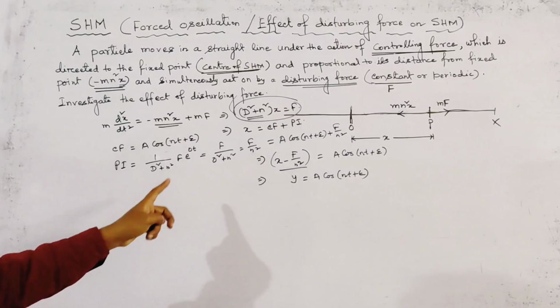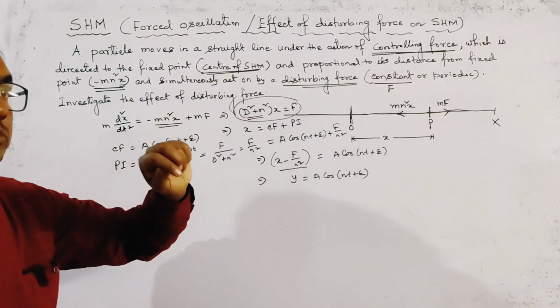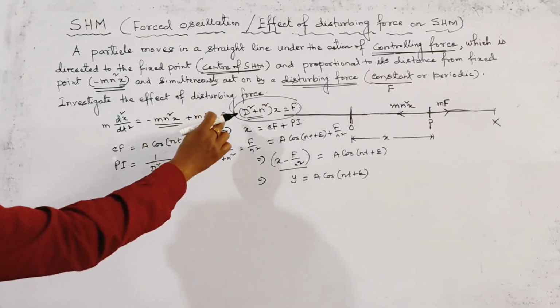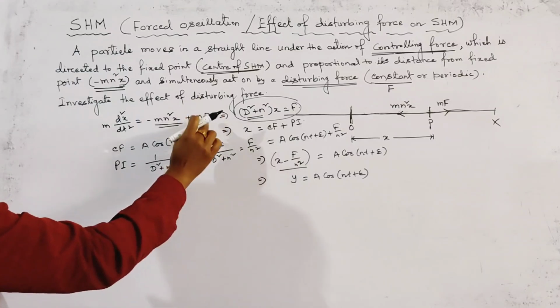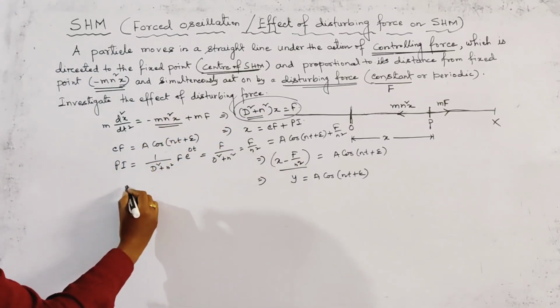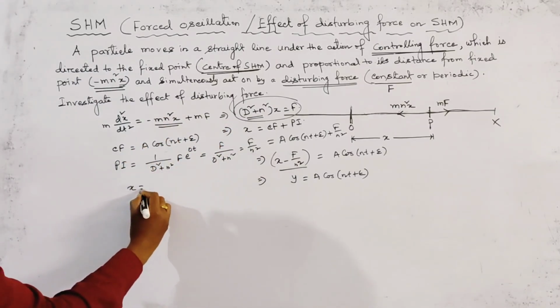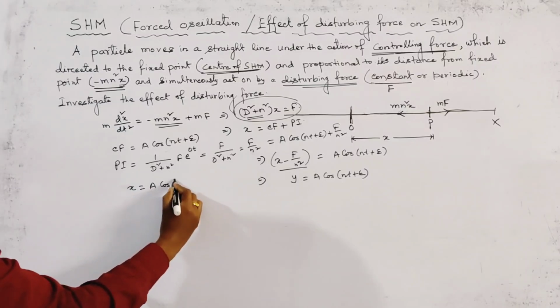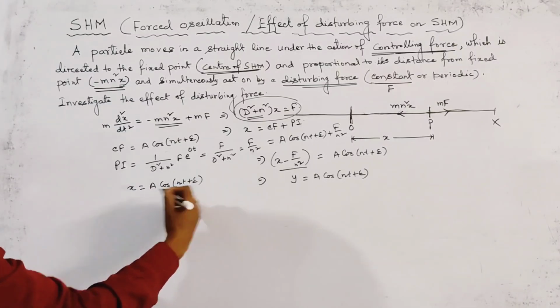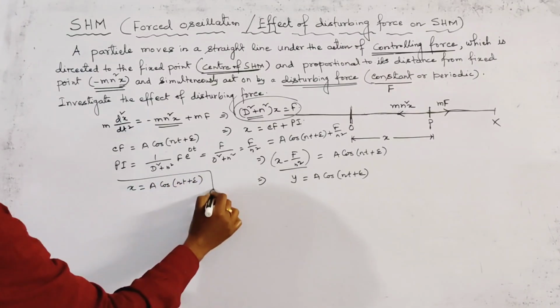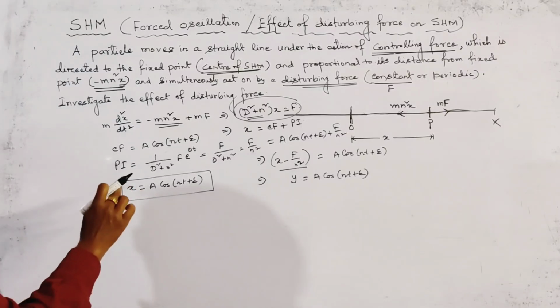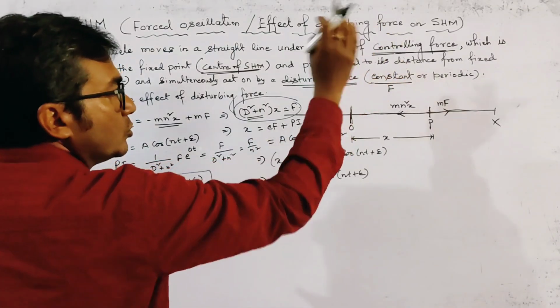And if there is no disturbing force, then the solution of this differential equation in the absence of F, we know, is x equal to A cos (nt plus epsilon). This is the natural simple harmonic motion, or the motion under the controlling force.